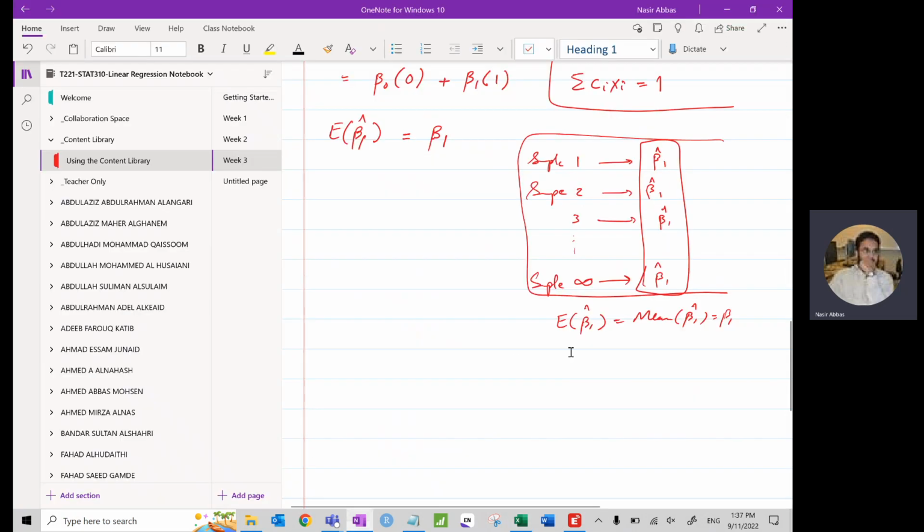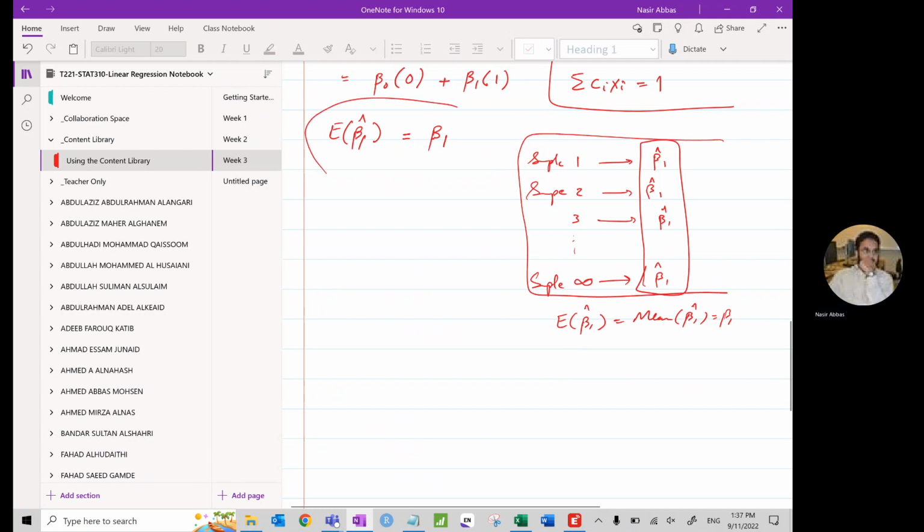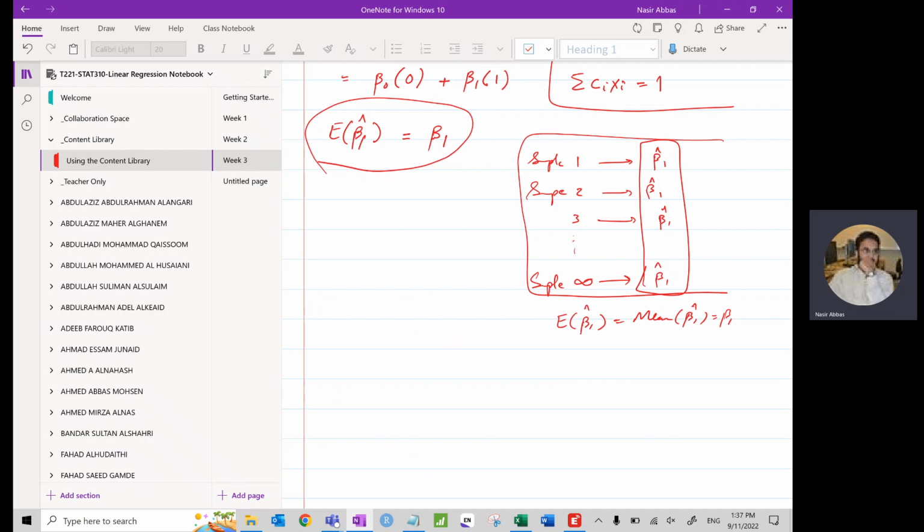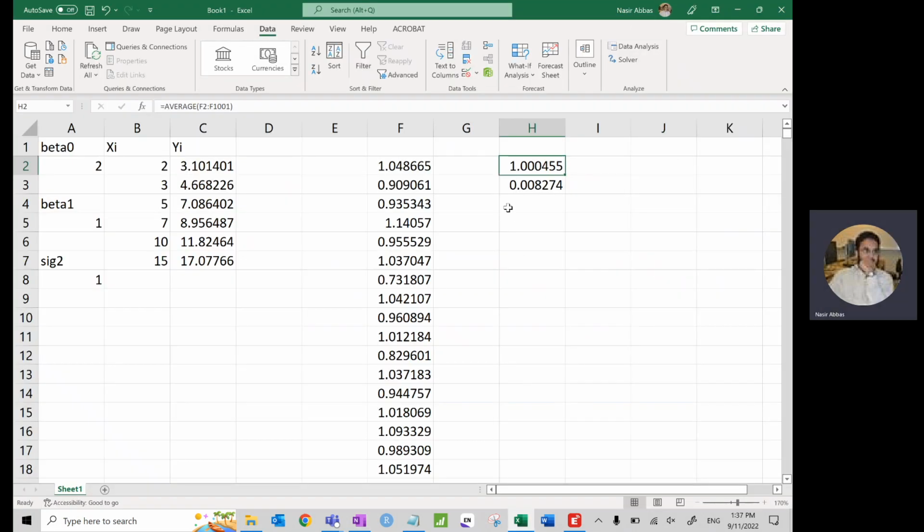We proved it mathematically. The mean of beta 1 hat theoretically is 1, and then we showed it here that it is actually 1, right? What about this quantity? This is the variance of beta 1 hat.